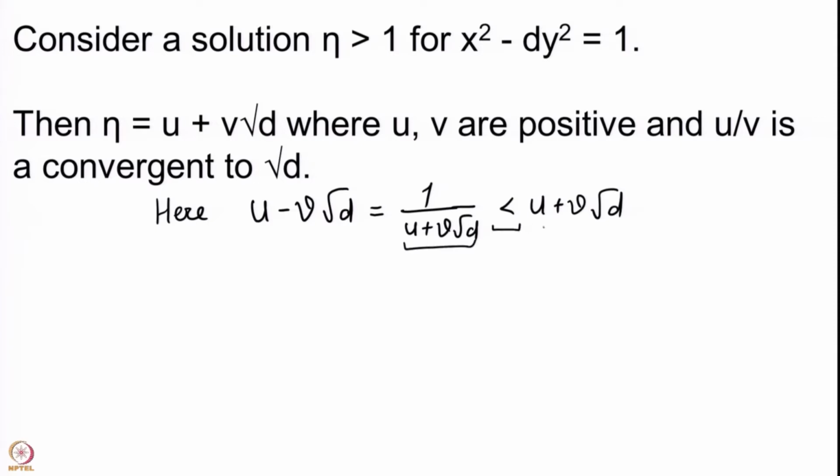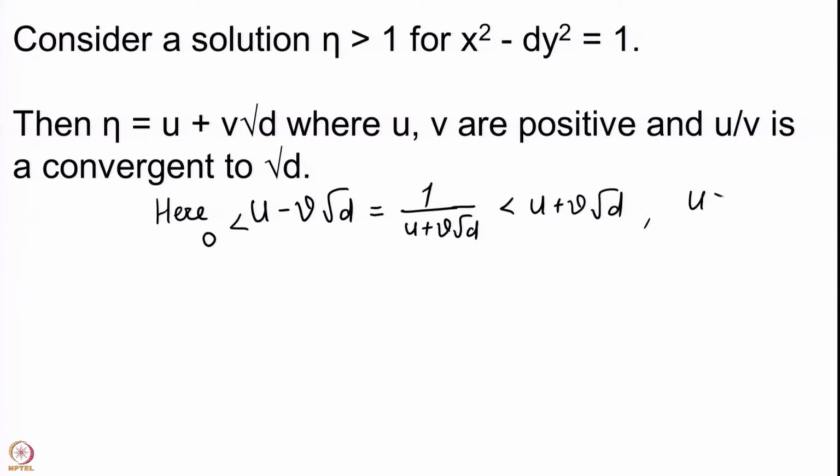This is less than 1 and this is bigger than 1. So, we have that u minus v root d is less than u plus v root d, and of course we have that this is a positive number.